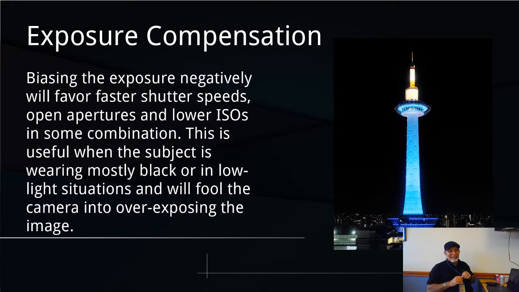Kyoto Tower is brightly lit, but if the camera tried to evenly expose the sky, Kyoto Tower would look like it was exploding with light. And since I can't meter down to just Kyoto Tower, I dialed in some compensation to darken up the exposure a little bit. And that's really all you need to know about exposure compensation.